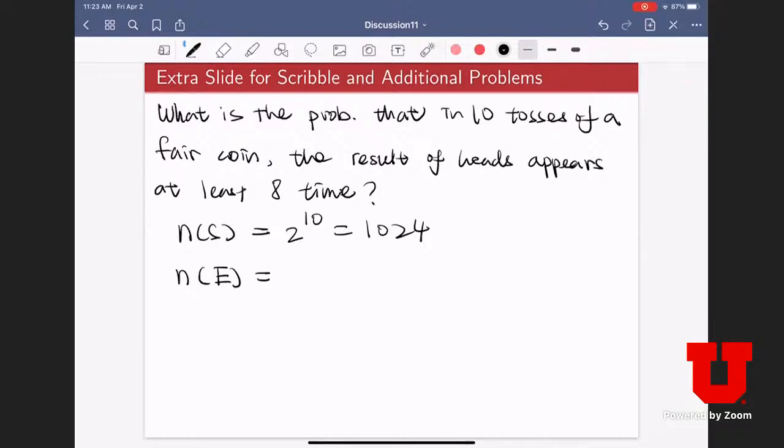I did 0, 1, or 2 tails. Yep, that's one of the ways, and in fact that should be the easiest way. At least 8 heads is equivalent to saying at most 2 tails.